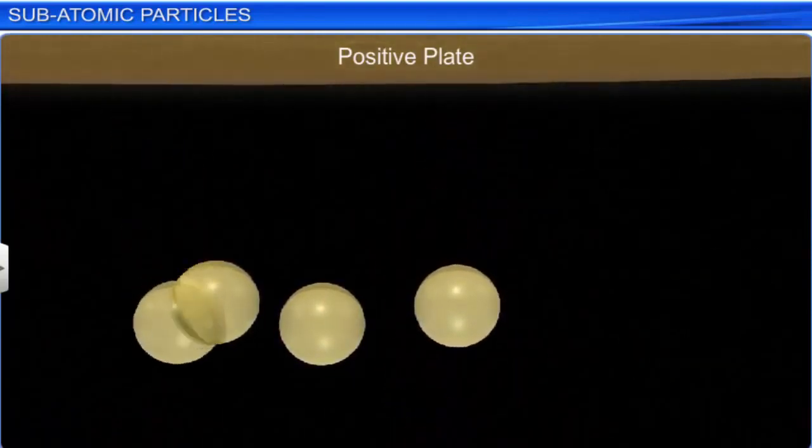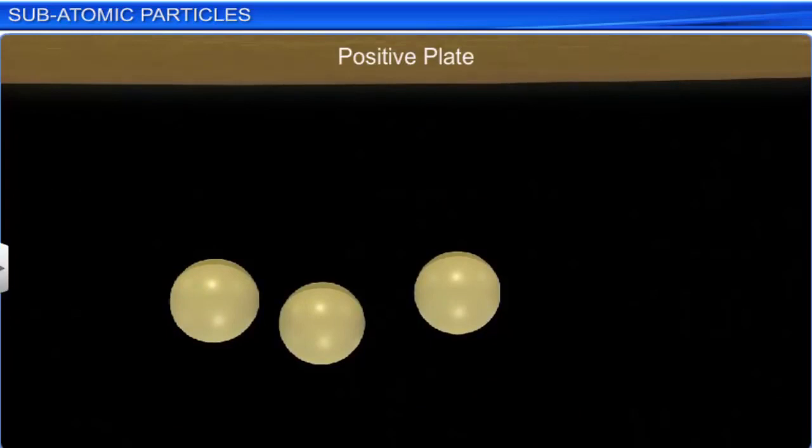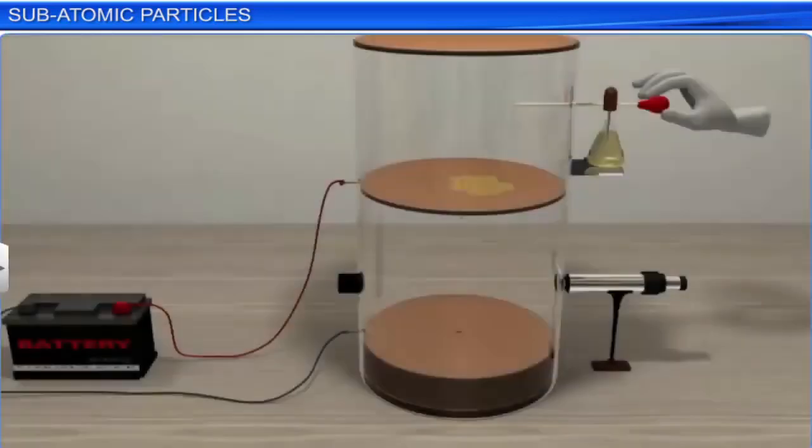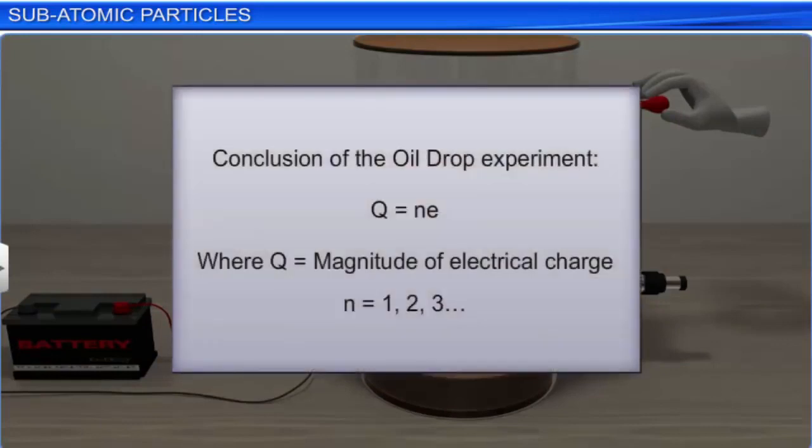He then calculated the charge on the droplet from the mass of an oil droplet and the charge on the plate. He found that the magnitude of electrical charge, Q, on the droplets is always an integral multiple of the electrical charge e.